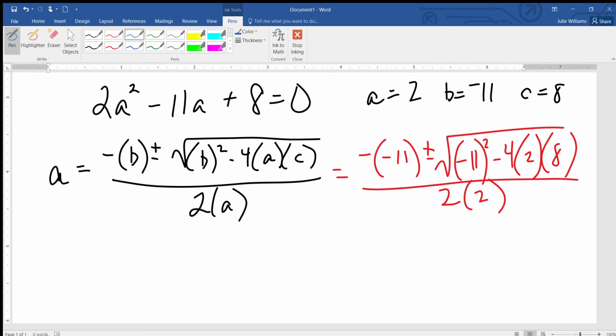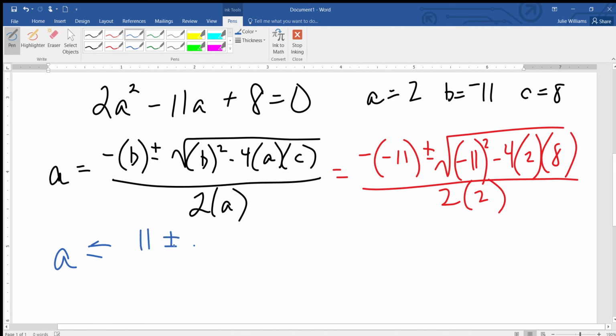Okay, so I'm going to use blue. So let's simplify. Negative negative 11 is the same thing as 11 plus or minus the square root of 11 times 11, which is 121. Then it's going to be minus. So negative 4 times 2 is negative 8. And then negative 8 times 8 is negative 64.